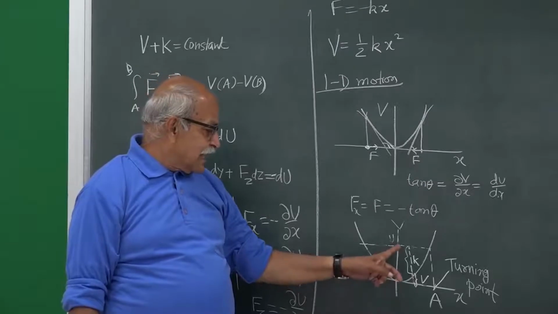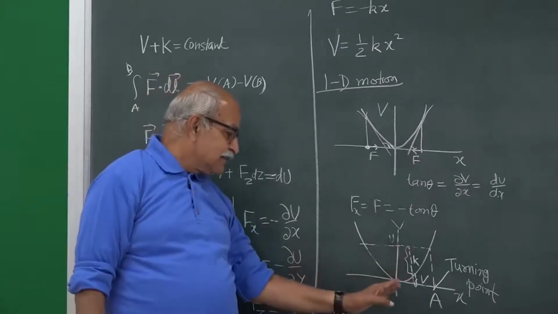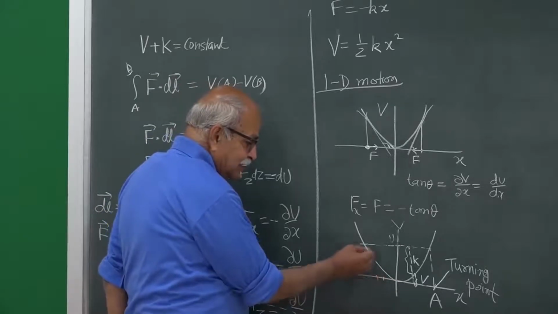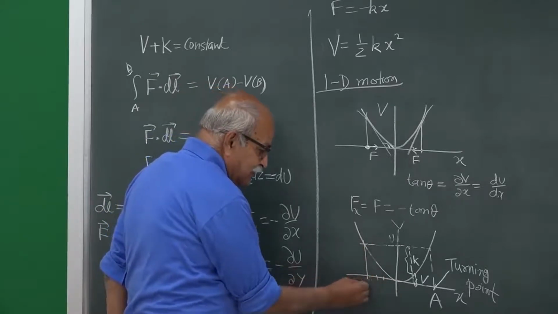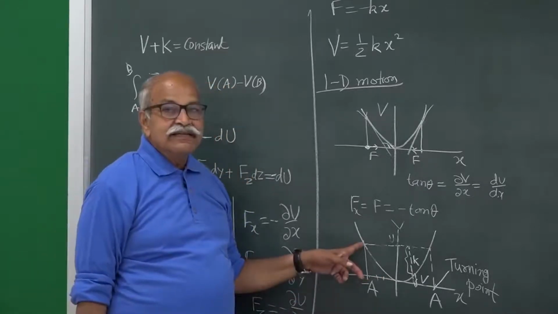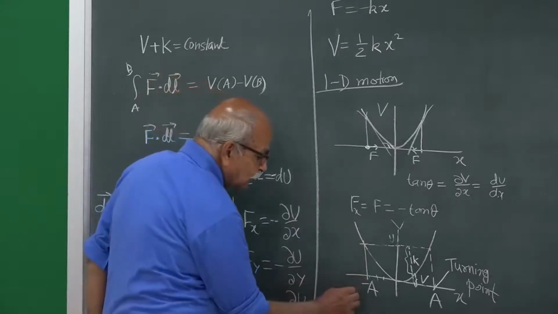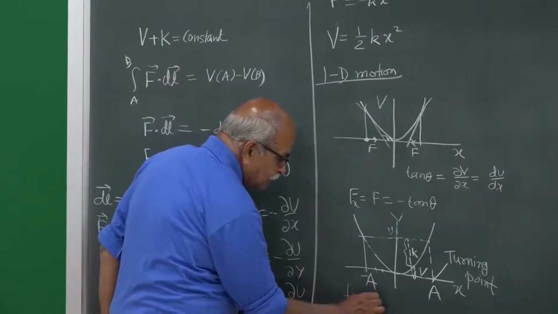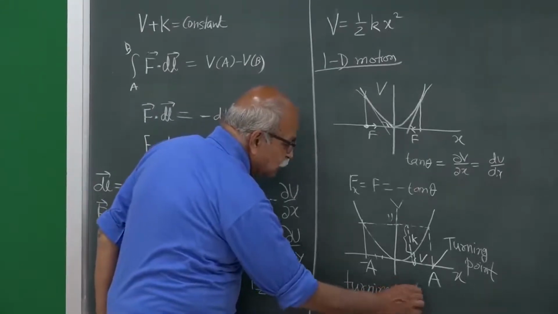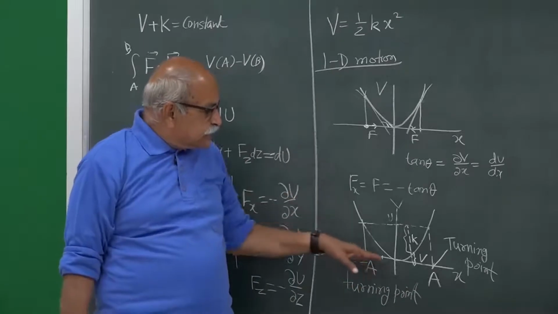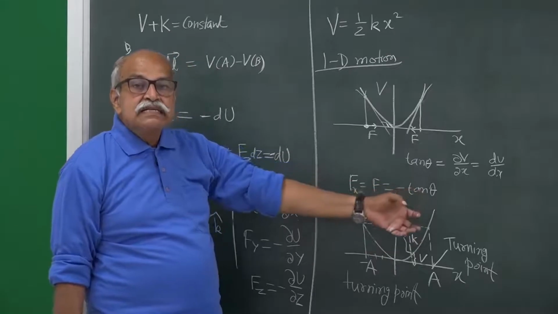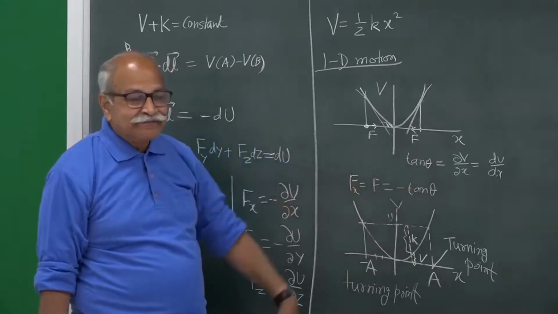But since it has kinetic energy, it keeps moving towards left, reaches somewhere here, then somewhere here, and finally at this place which is minus a, once again the kinetic energy is 0. So, this is also a turning point. This kind of analysis you can do once you know the shape of the potential energy curve. Many of the qualitative features of the motion you can derive from this.